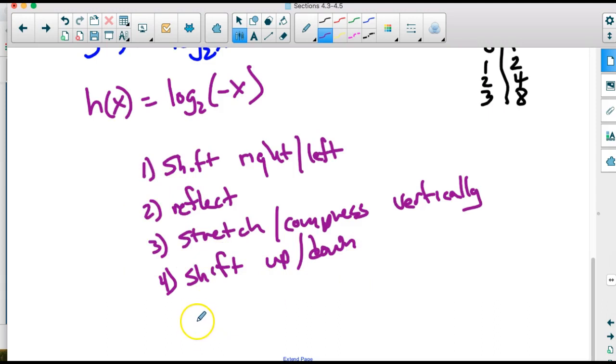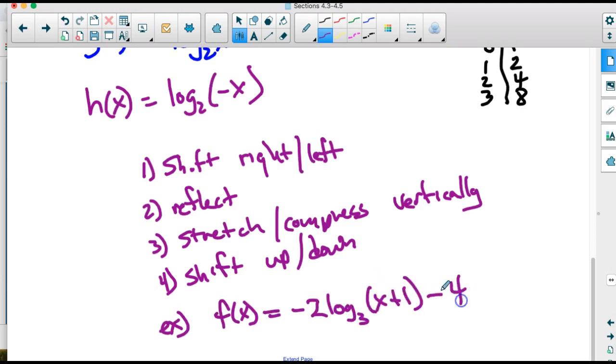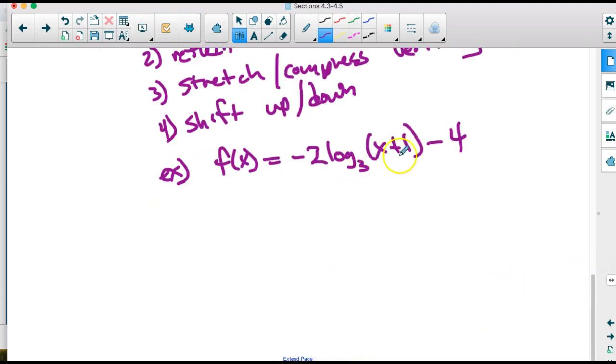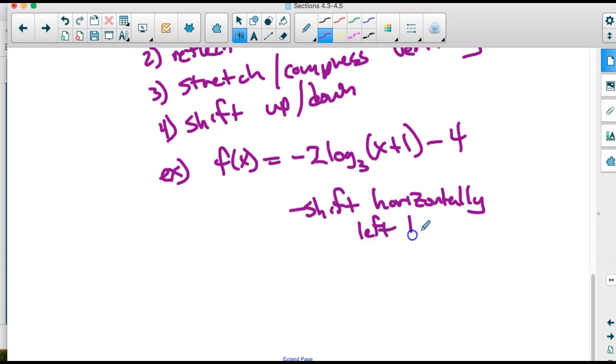Now, if I gave you an example of something that did all of these things, like a function that had this as its equation, then we would say the first thing that would happen here would be a shift horizontally left 1, from this part right here.